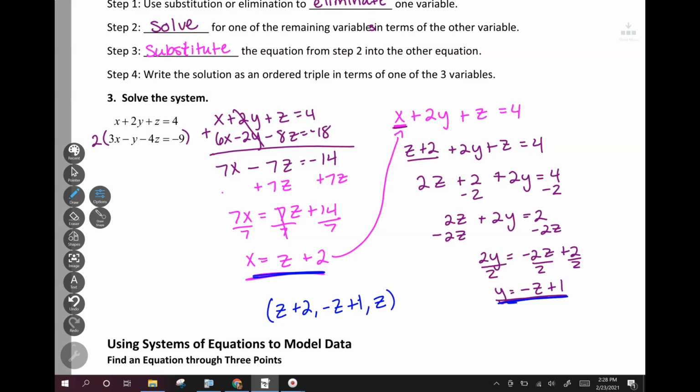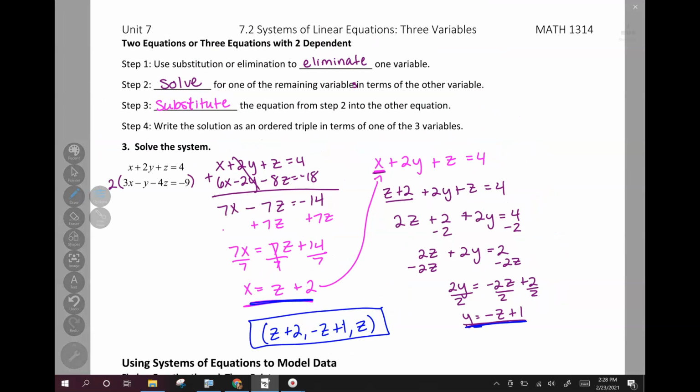So what you did there was you got your solution, your ordered triple, in terms of z. There's only one variable in your solution, and it is z. Now you could have done that using any of the variables. I just happen to choose z. So that's what it looks like if you've only got 2 equations with 3 variables, or if you had 3 equations, but 2 of the equations were dependent on each other.